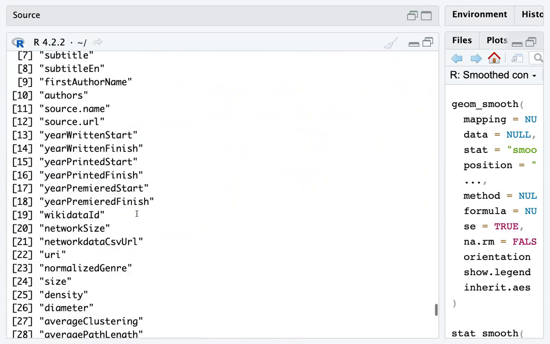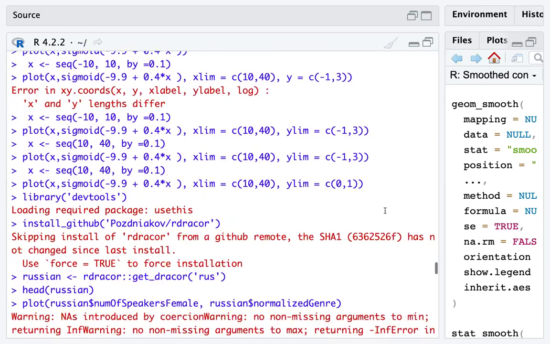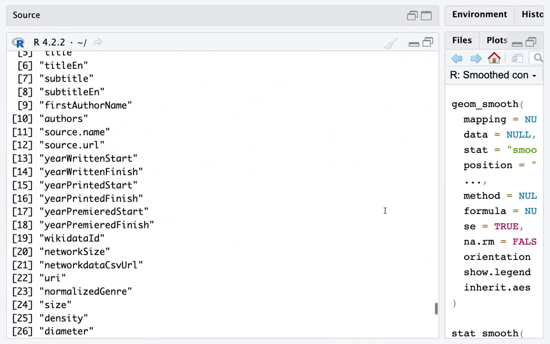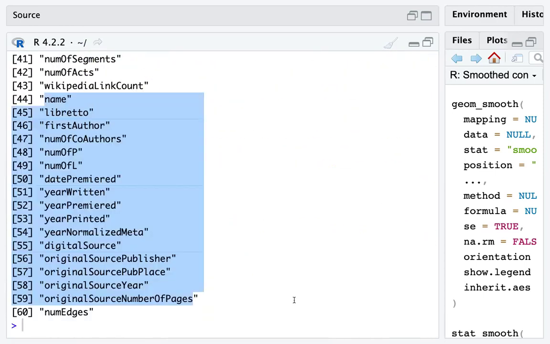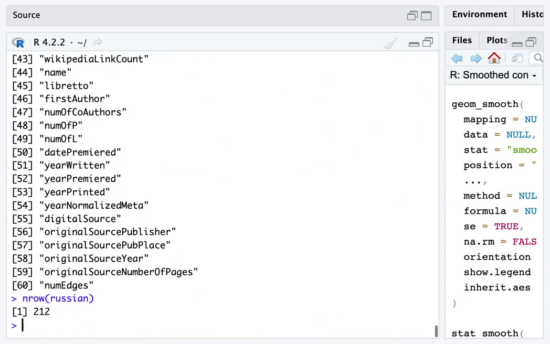And there is also the German one, which is even bigger. How many rows are there? How many plays? How many dramas? 212, which is not too many, but it's a lot actually.